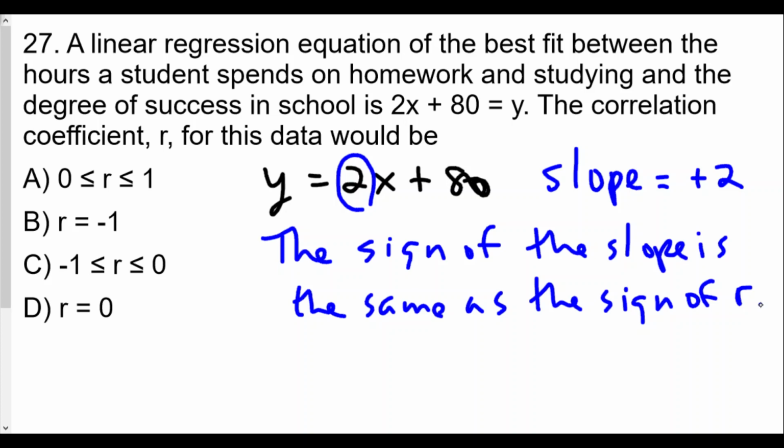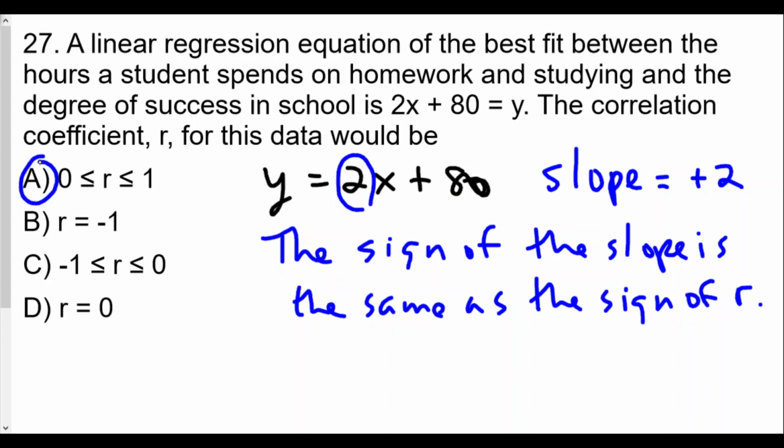So R value will be a positive value. If I have a negative slope, that means the two values are moving in opposite directions to each other, meaning a negative R value. So one value goes up, the other one goes down. So since our slope is positive, I'm looking for R value is positive. And that would be choice A.